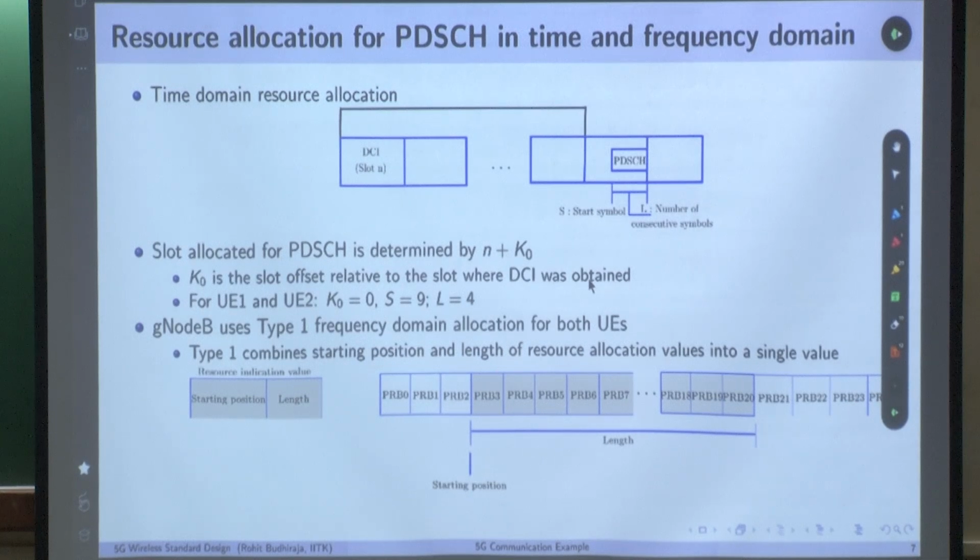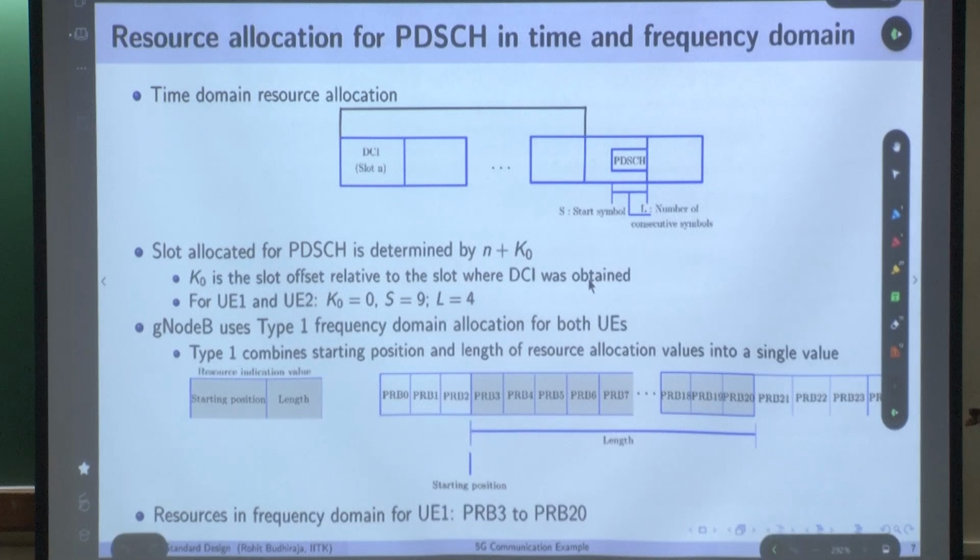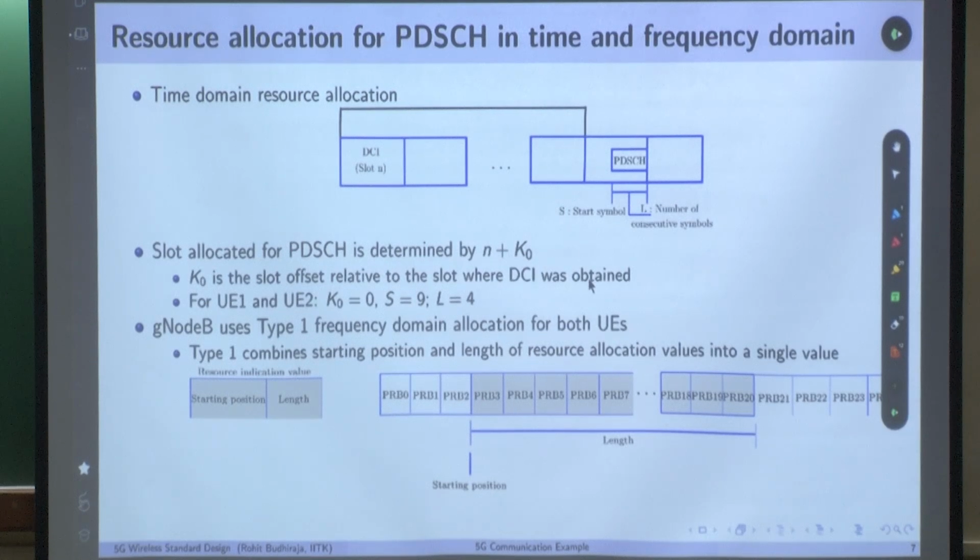Accordingly this data will be mapped onto these PRBs for these users. If the user reads this DCI, it will come to know that its data is coming in the same slot at this offset. So this information is encoded in RIV, a single number you are going to get. Based on that, PDSCH will be mapped onto the same slot at these PRBs.